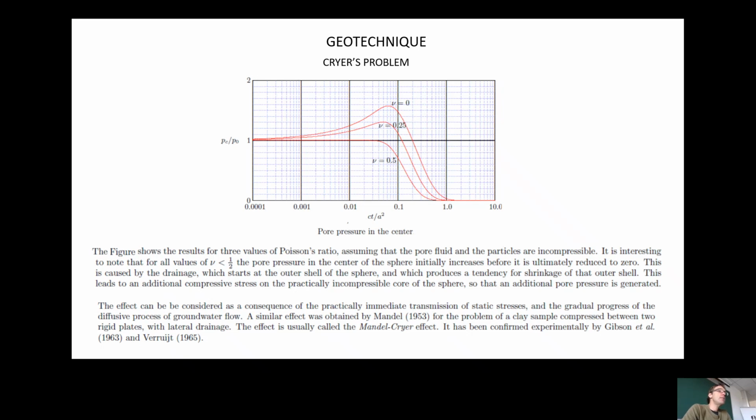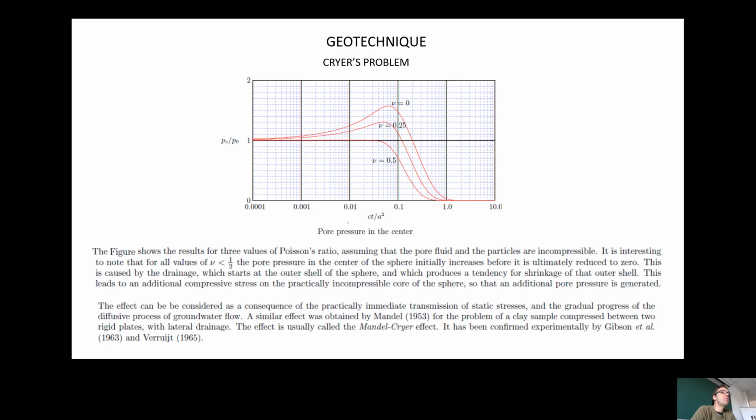A similar effect was obtained also in 1953 by Mendel for the problem of a clay sample compressed between two rigid plates with lateral drainage. The effect is usually called the Mendel-Cryer problem or effect.